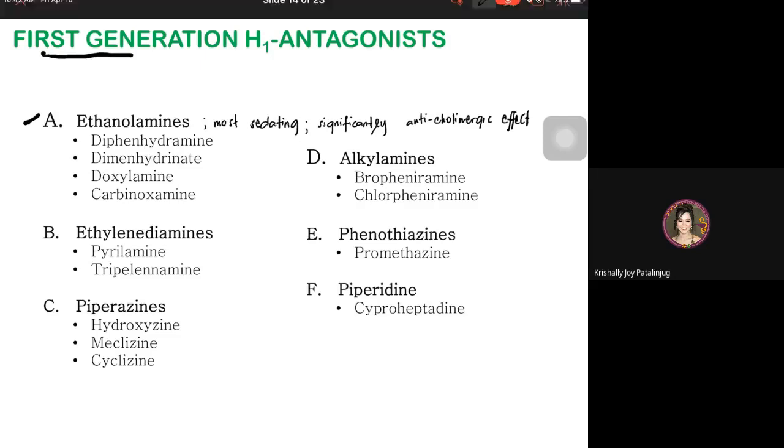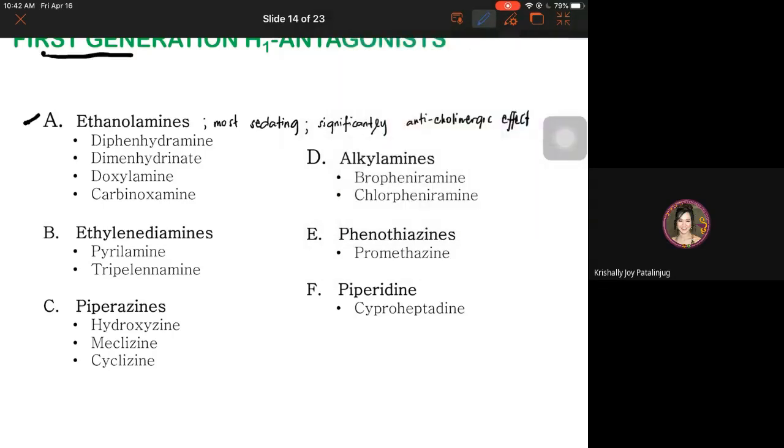Diphenhydramine, kung dili mo familiar sa iya ha, I think familiar mo sa iyang brand name, Benadryl. Okay? So diphenhydramine marketed under the brand name Benadryl. Ang dimenhydrinate, this is the salt form of diphenhydramine.